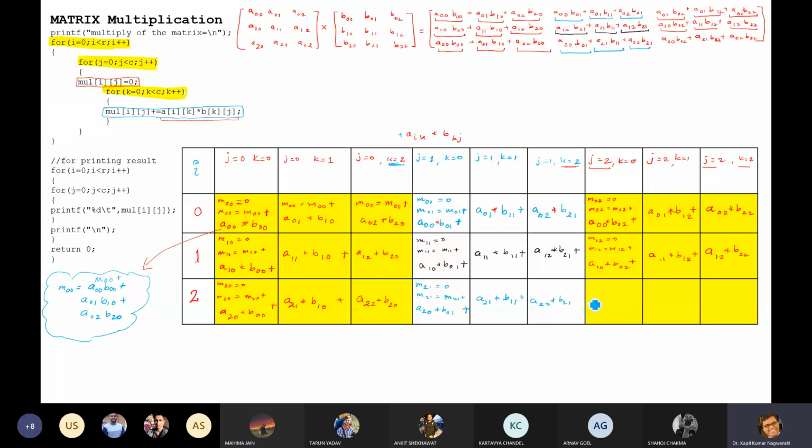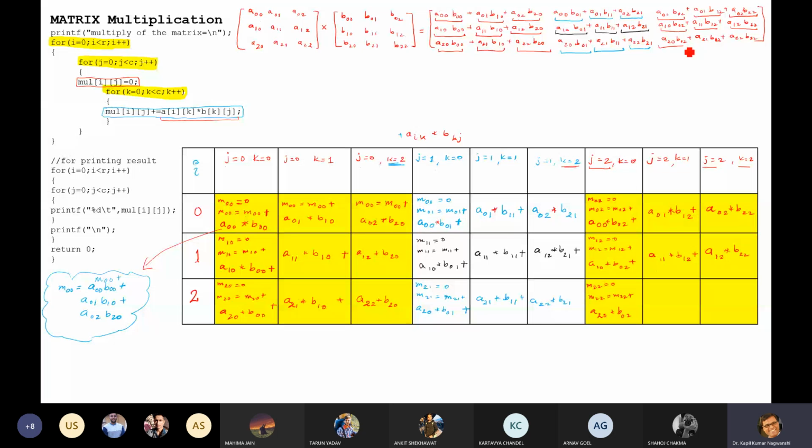Now k is completed, a new j will come, j equals 2. So let us write the next equation. m22 equals 0, m22 equals m22 plus a, i is 2, k is 0, multiplied by b, k is 0, j is 2. So this term we have completed.